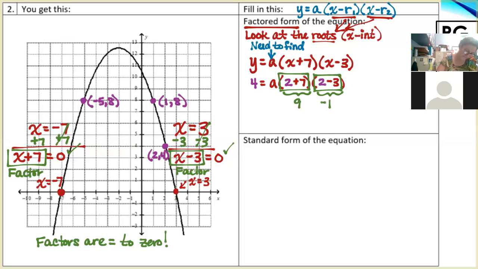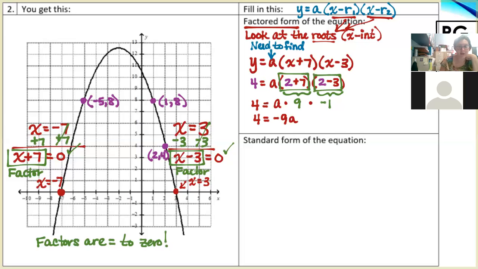What's happening between those parentheses? What operation is happening there? Times. Yes, these are being multiplied here. So 9 times -1 times A, that would give me -9A.